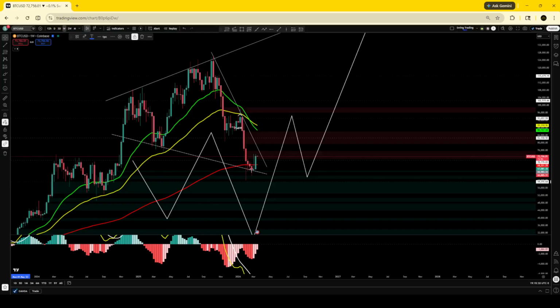Time frames simply define how much time each candle represents. For example, a daily chart shows one candle for every trading day. A 12-hour chart shows one candle for every 12 hours.